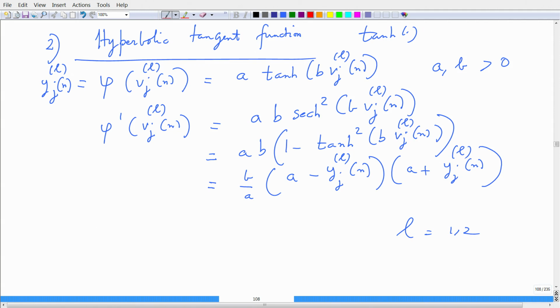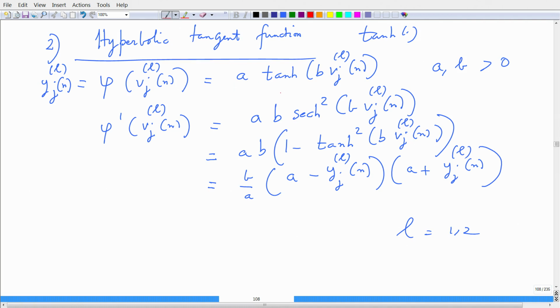Now, the derivative of the activation function is given by a times b. So, in the argument of the tan hyperbolic we have b, which is a quantity greater than 0, and the coefficient of tan hyperbolic is a quantity a which is also greater than 0.